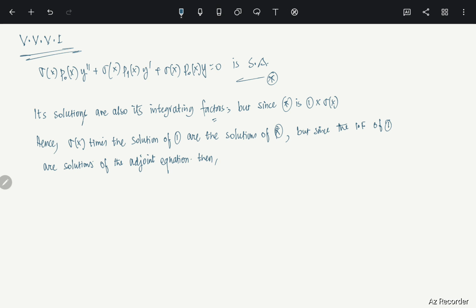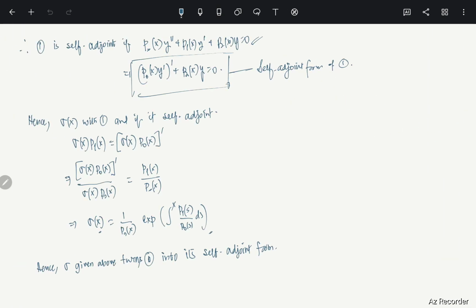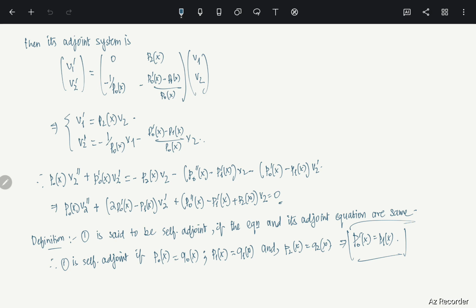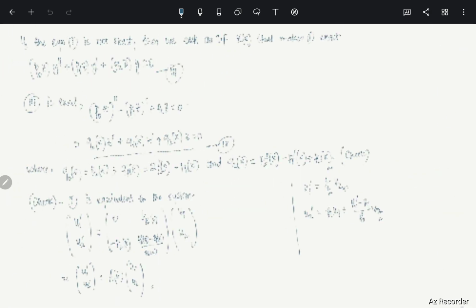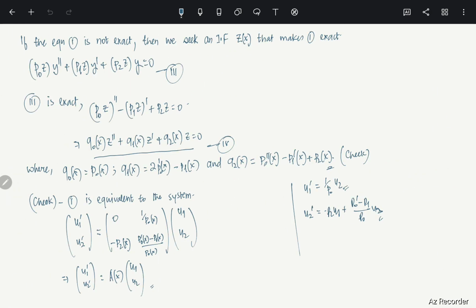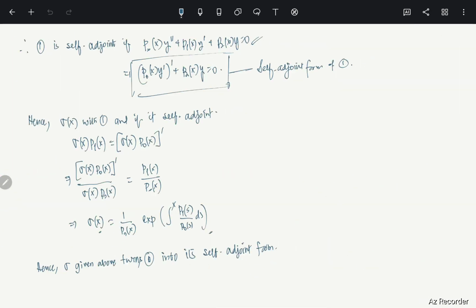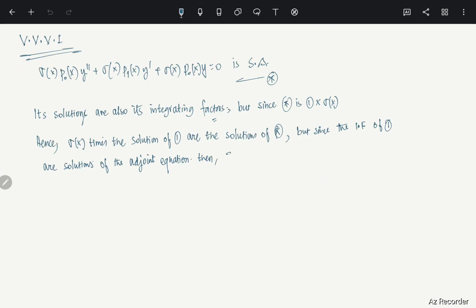Where is that equation gone? There are so many equations, it gets confusing. Okay, this equation 4 is nothing but the equation multiplied by the integrating factor, right? And the solution is given by z. So z of x can be written as sigma x times y of x, no?